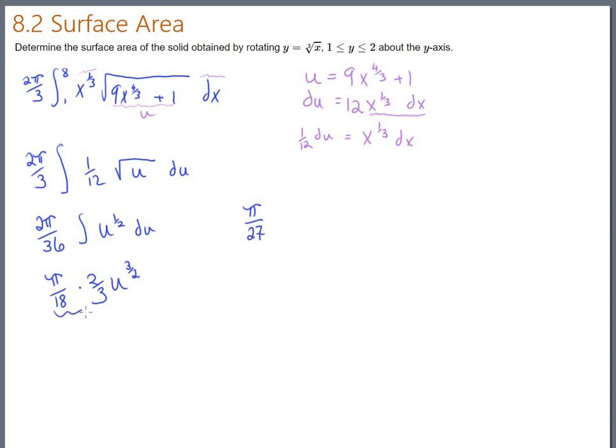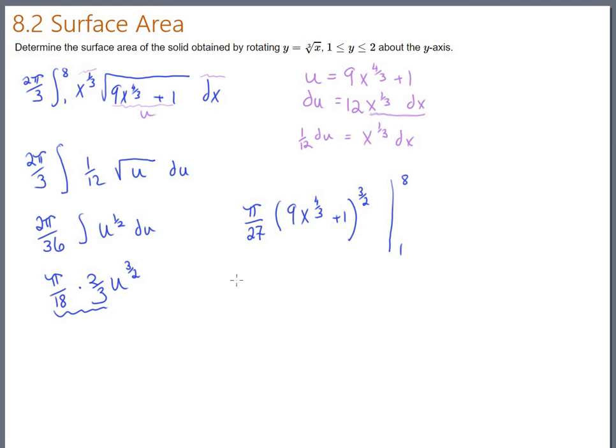So that was just combining these two right here. So pi over 27, u to the 3/2. And u is actually 9x to the 4/3 plus 1, all that to the 3/2, all that evaluated at 8 and at 1. I know this is getting to be a long example, but we're getting there.